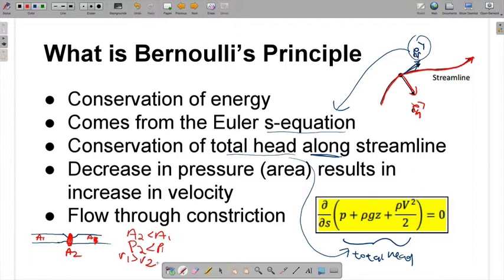To make it more concrete in your mind, think about your garden hose. If you want to make the water shoot out faster and go a farther distance, you put your thumb over the nozzle and block some of the area.